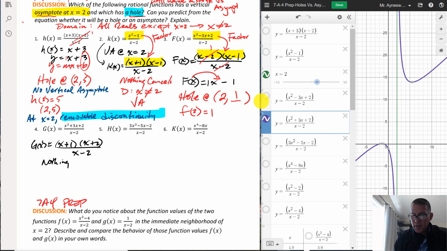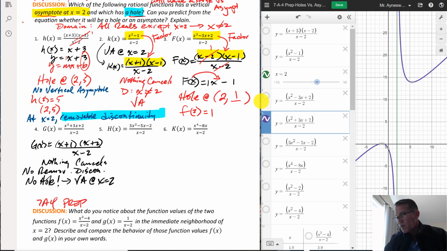I mean, x plus 1 is different than x minus 2, and x plus 2 is different than x minus 2, so nothing cancels. Okay, no removable discontinuity. You can't remove it. Because of that, we don't have a hole. So no hole. Okay, that means we have a vertical asymptote at x equals 2.